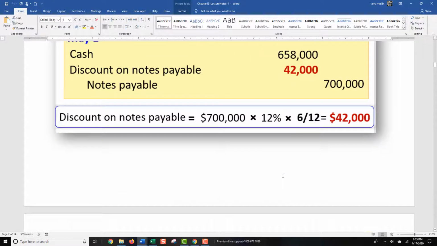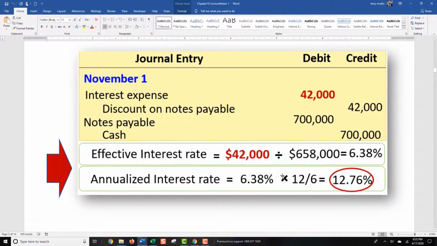So to figure out what the effective interest rate is, you would take the $42,000 interest expense divided by the $658,000, and you'd see that that is 6.38%.